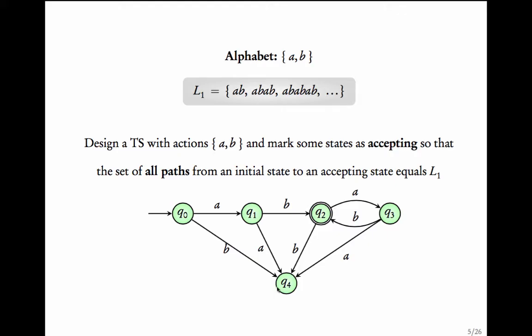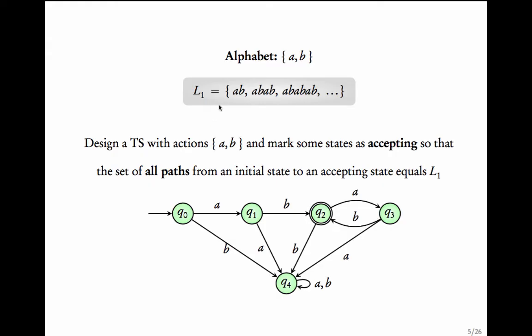Once you go to Q4, there is no way you can come back to Q2. You can put a loop here with any letter A or B. If you end up in Q4, it will be a word which is not in L1. I hope this idea is getting clear. So we have got what we wanted for L1.